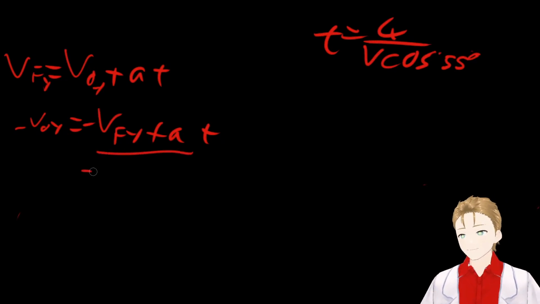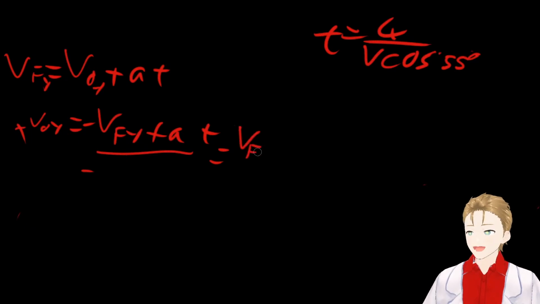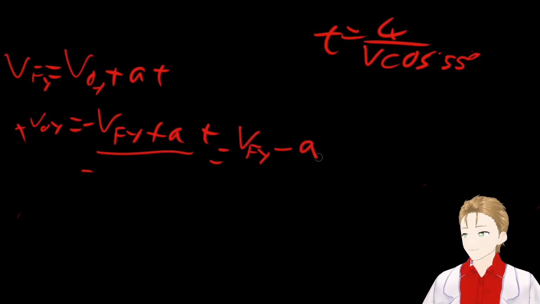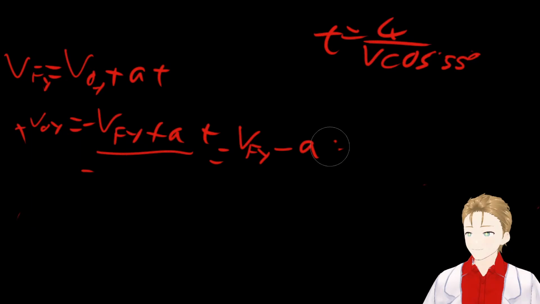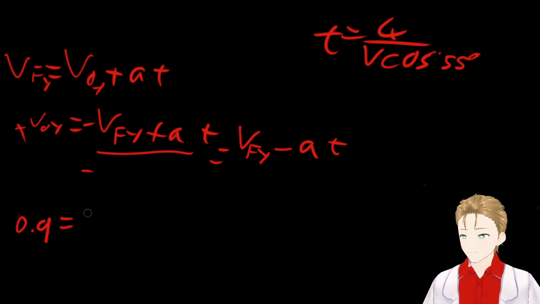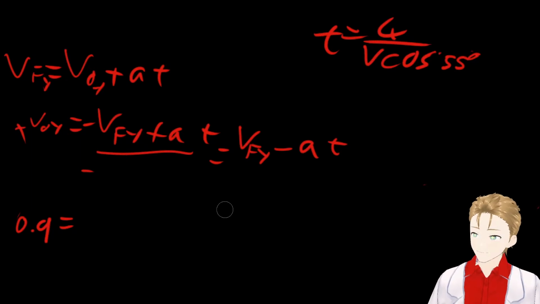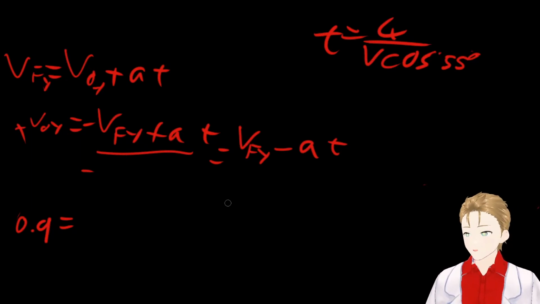We get V final Y minus AT. Final wouldn't help us, would it? Do I know final? No, final is 0.